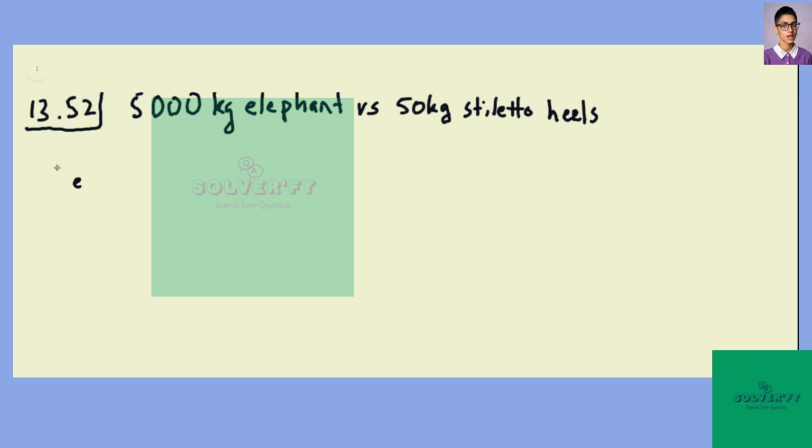So the pressure for the elephant is going to be the force divided by the area. So the force is going to be the mass of the elephant times g divided by 4 times the area per foot.